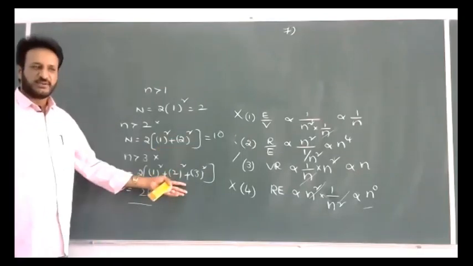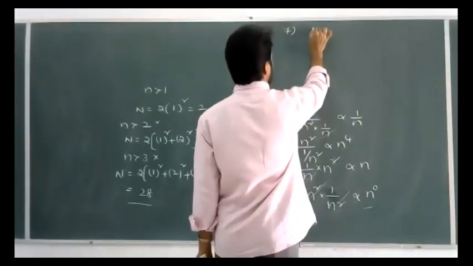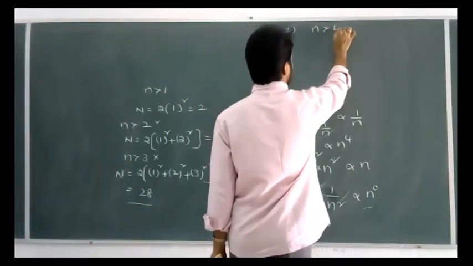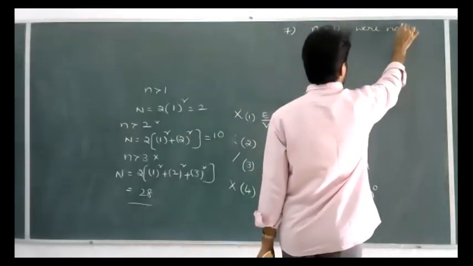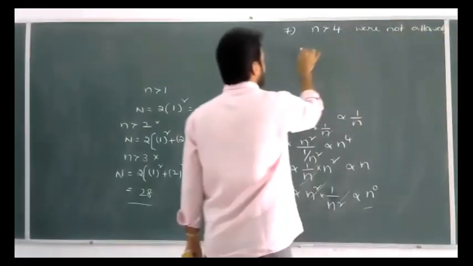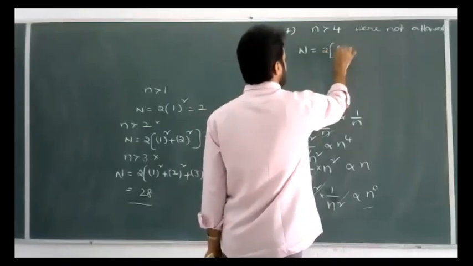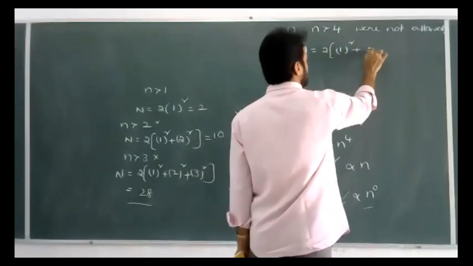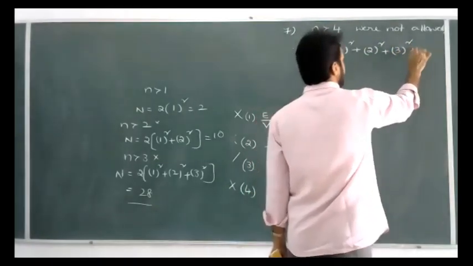In this way, what did the question ask? If principal quantum number greater than 4 were not allowed, then the number of possible elements is 2 into 1 square plus 2 square plus 3 square plus 4 square.